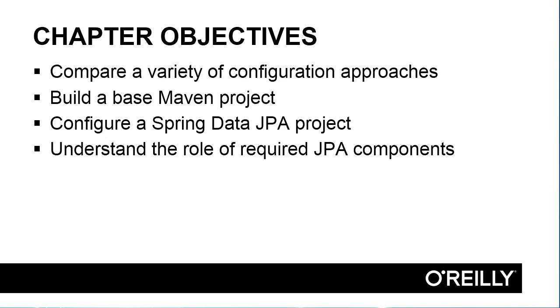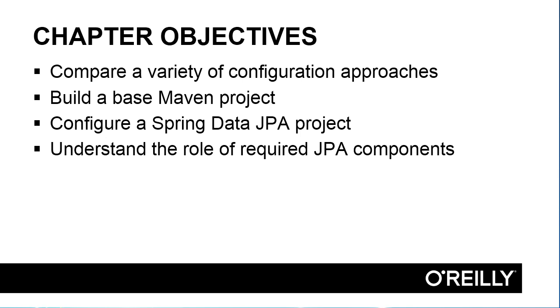One of the nice things that you'll see is that Spring provides a lot of out of the box support for JPA. You'll see that Spring has created different classes that perform the integration between your JPA provider, which in this case will be Hibernate, and the underlying Spring framework. So there's great integration between Hibernate and Spring Data.